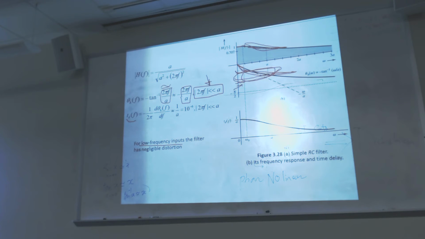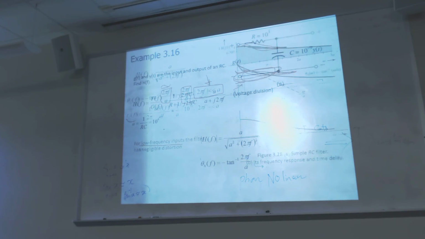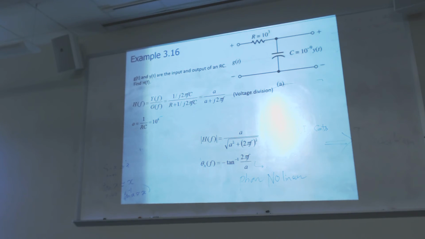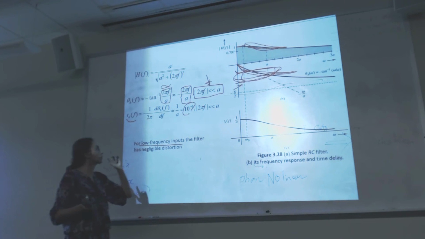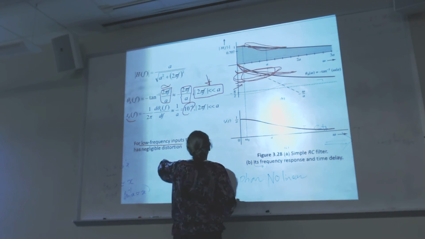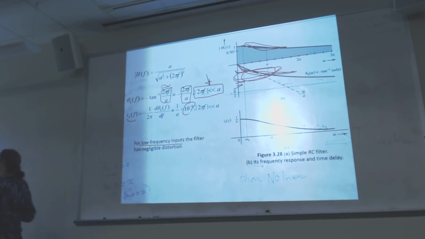Then if you take the derivative to find the group delay, for this example let's assume something for A, 10 to the power 6. So the group delay is 10 to the power minus 6 seconds, so 1 microsecond. The delay is really nothing. So the system for low frequency introduces 1 microsecond of delay and a gain of almost 1.